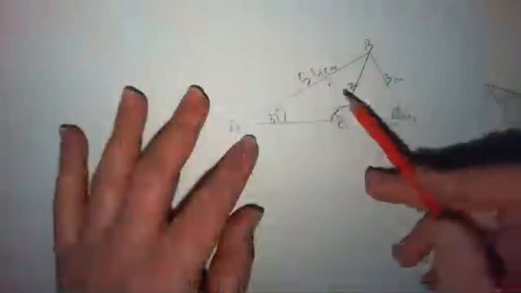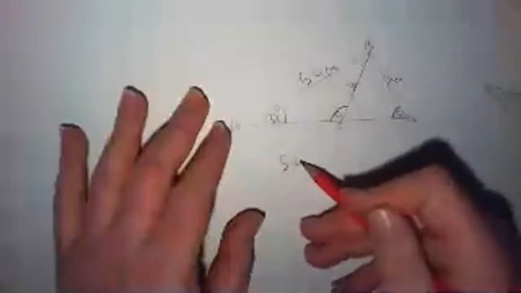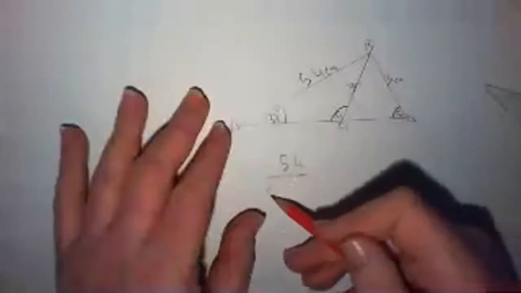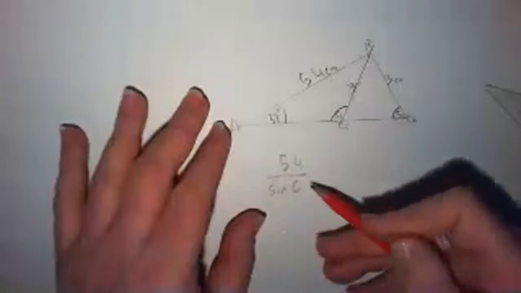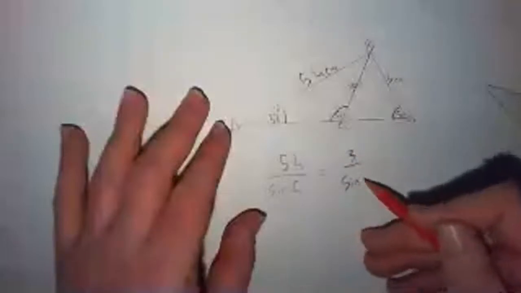Okay, so let's think about it for a second, because I think with a lot of these questions, if you just take your own time for a second, you'll figure out what you have to do. Okay, so here, if we want this angle, I have a side opposite it. If I have this side, I have the angle. Let's see what that generates. 5.4 over the sine of C1 is equal to 3 over the sine of 32.